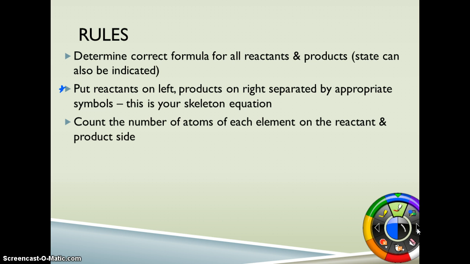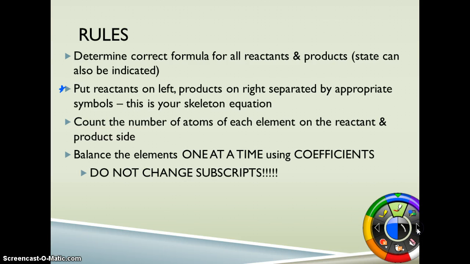So you're going to count the number of atoms of each element on your reactant and your product side. And then you're going to balance the elements one at a time using coefficients. You cannot change the subscripts. Remember, those subscripts are what make that compound that compound. So you cannot go changing subscripts to balance. You cannot put a coefficient, which is a big number, in between a compound.